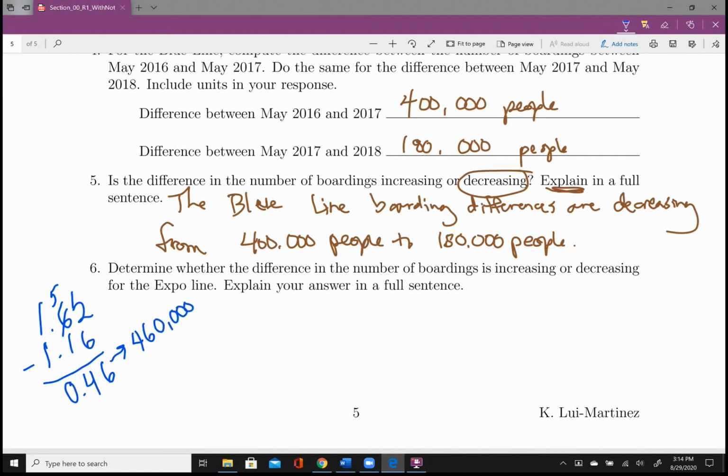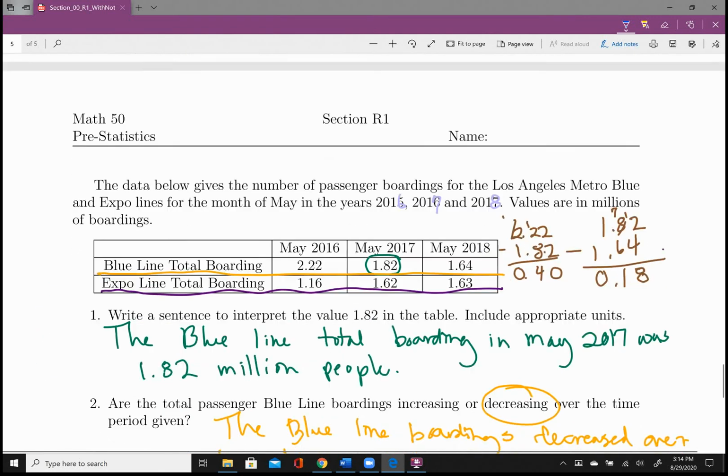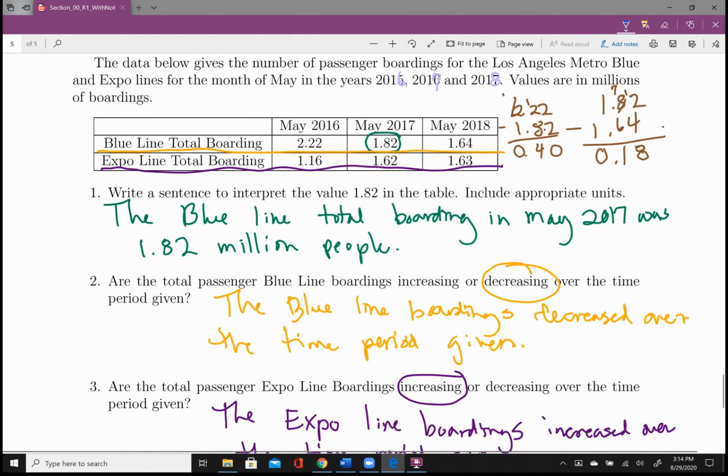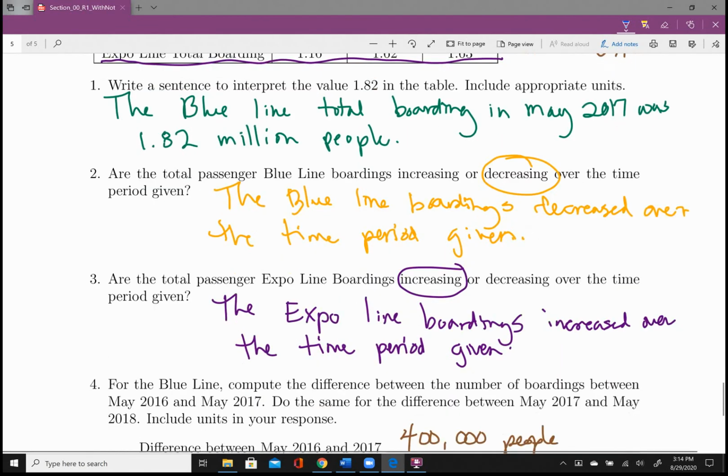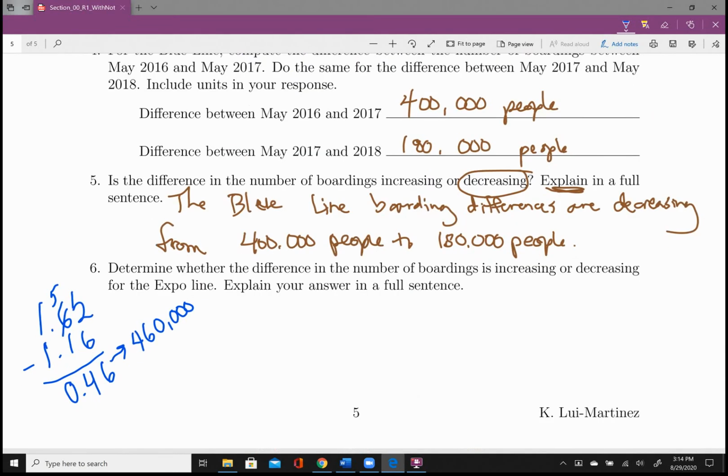And then otherwise it was 1.62, need to be subtracted with 1.63, right? So I could tell that the difference there is going to be 10,000 people. Now why? Because it's 0.01, right, is the difference. What's 0.01 times a million? It's 10,000. So definitely the boardings decreased.